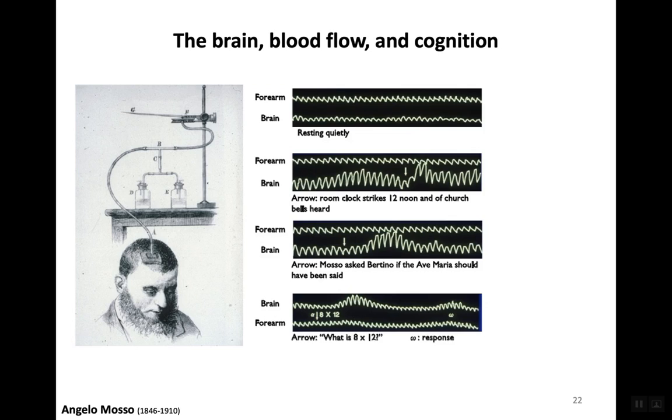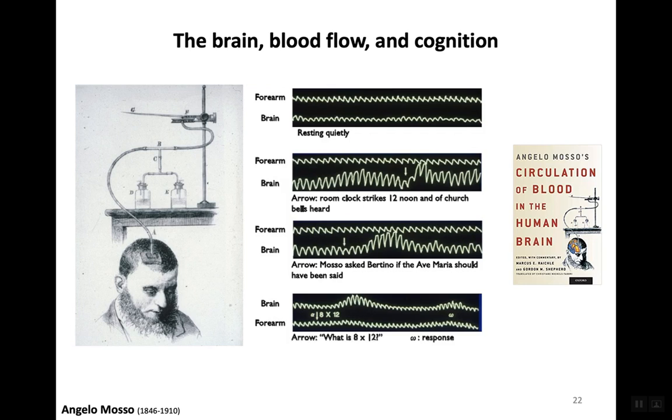That was very interesting, and it led to the hypothesis that blood flow is central to how the brain is involved in cognition. He described this in a widely popular and hugely influential book at the time, The Circulation of Blood in the Human Brain. And if you think about it today, from our perspective, this certainly makes sense.